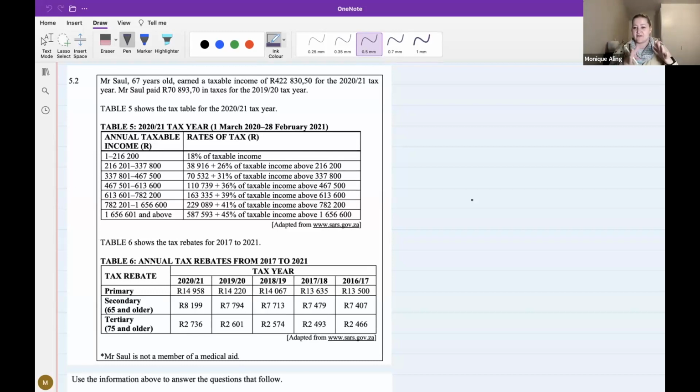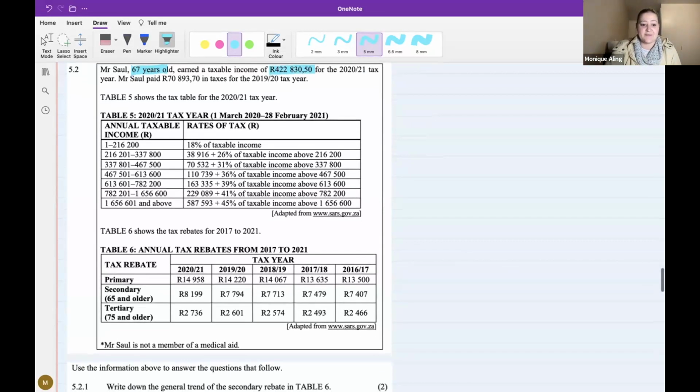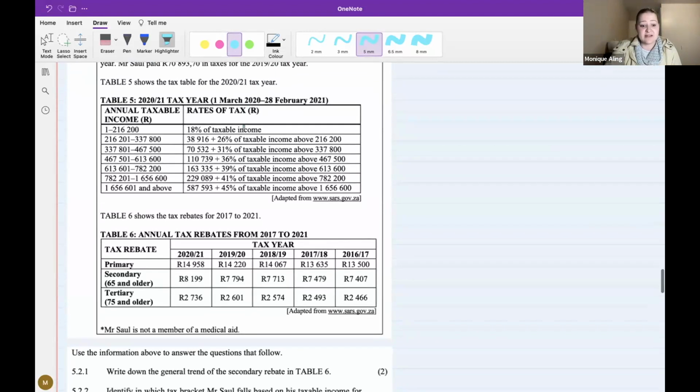Okay, so this is kind of a new way of setting it up. We are used to just the first part being given to us. So just important information, his age. We got the taxable income. So we don't have to do any calculations there, and it's for the year. Okay, then they've given us tax table. They've given us a tax rebate table.